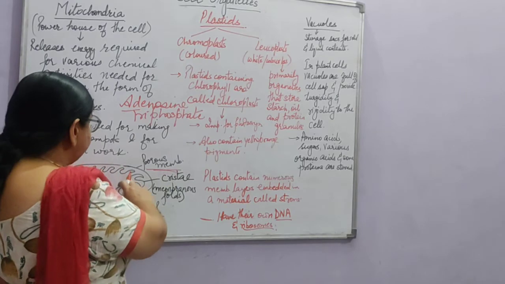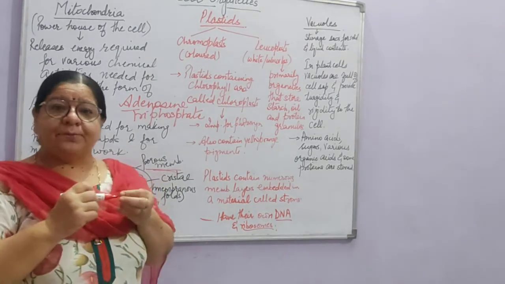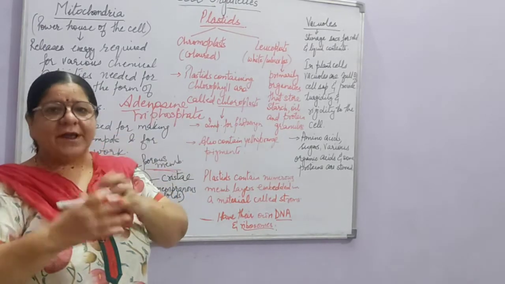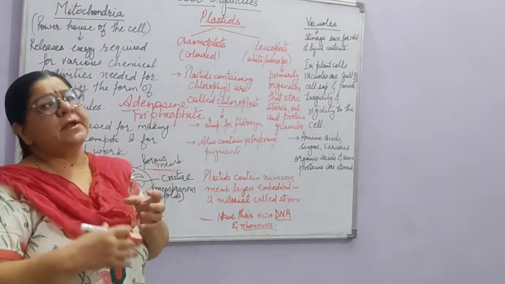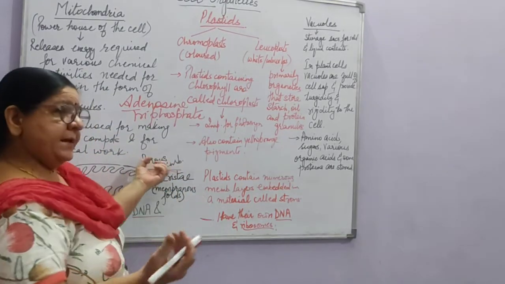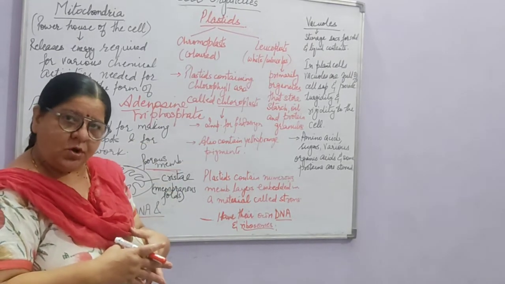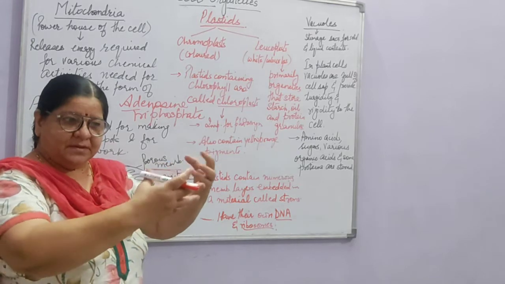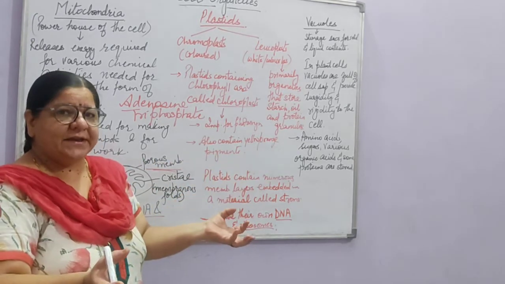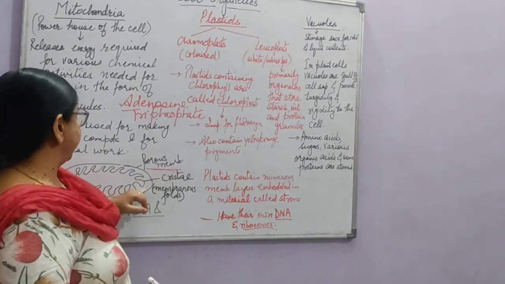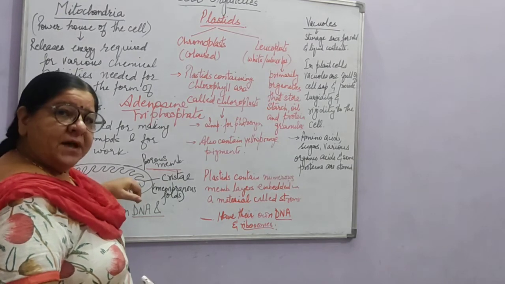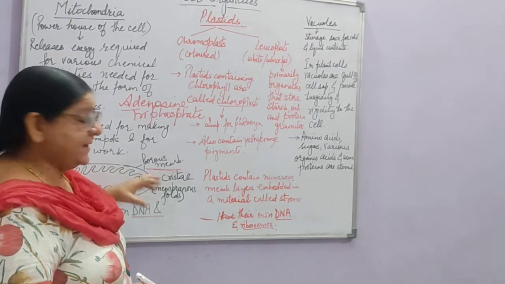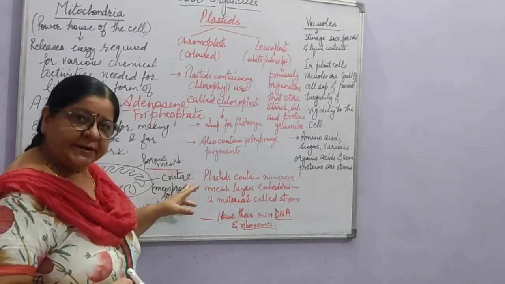Now, why is it folded? Because it provides a large surface area for the storage of energy to be released, and for all the chemical reactions that go on. So for that it requires a large surface area, and that is provided by the membranous folds which are present inside in the form of cristae.